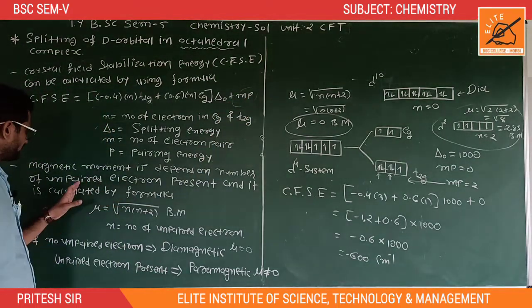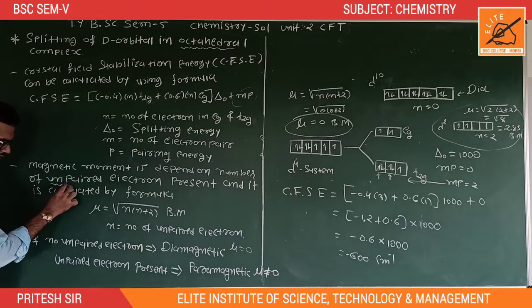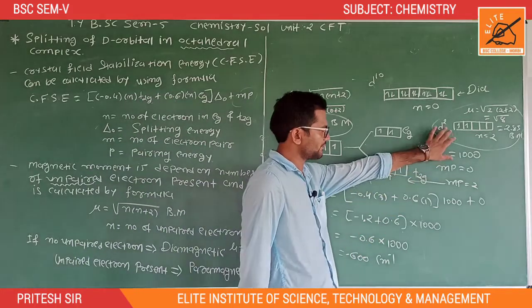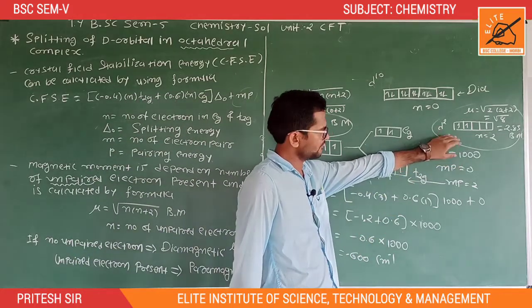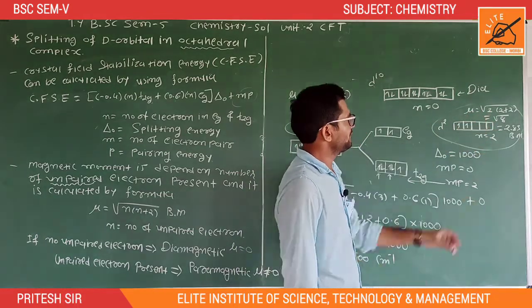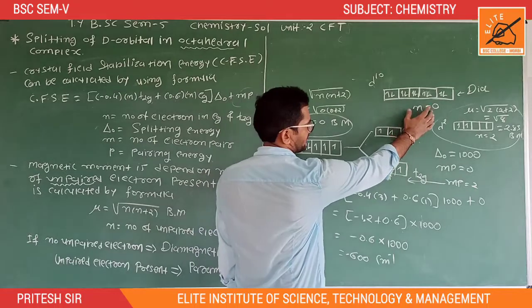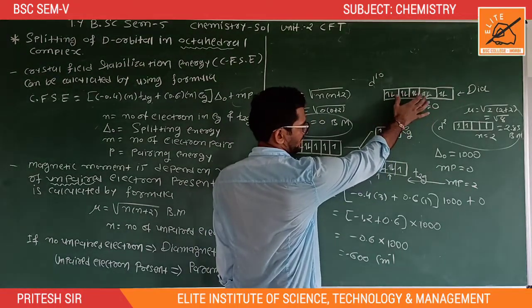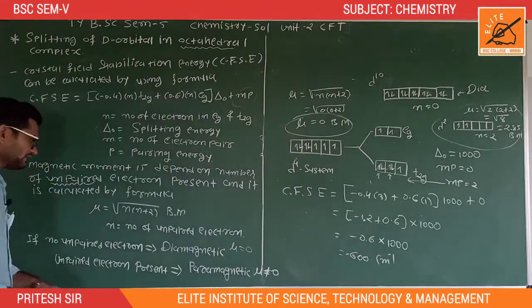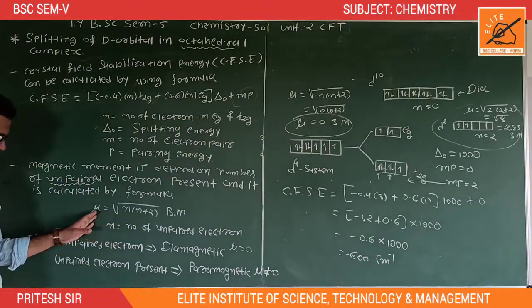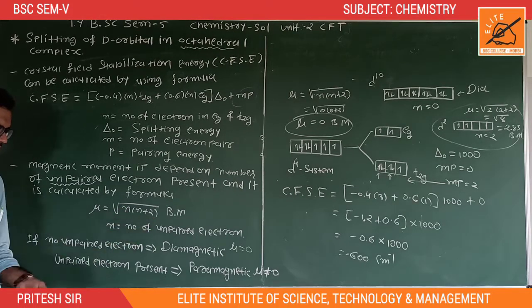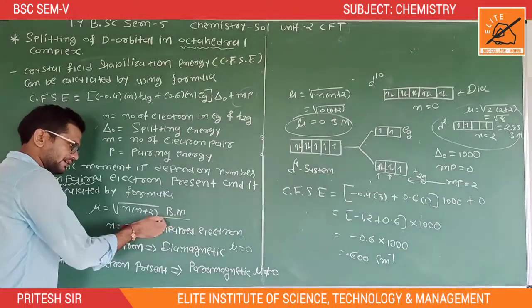Magnetic moment depends upon the number of unpaired electrons. If an unpaired electron is present, this complex is known as a paramagnetic complex and it contains some amount of mu. Mu means magnetic moment. And if all electrons are paired, at that time this complex becomes diamagnetic, and for diamagnetic the value of mu is equal to 0. So this is the equation of magnetic moment: mu is equal to under root n(n+2), and the unit of magnetic moment is Bohr magneton.